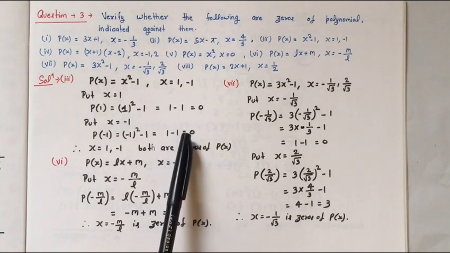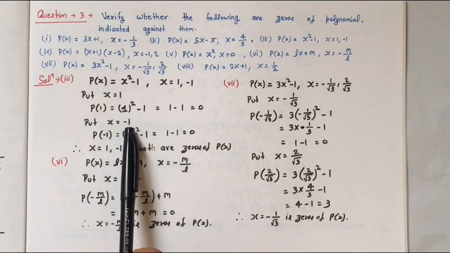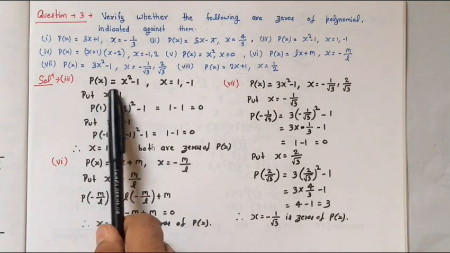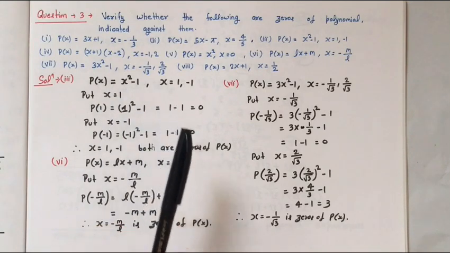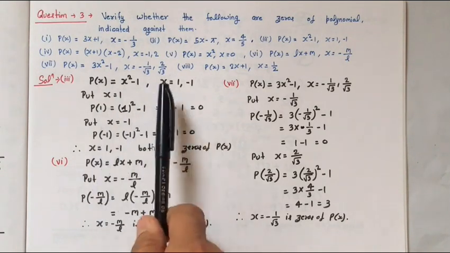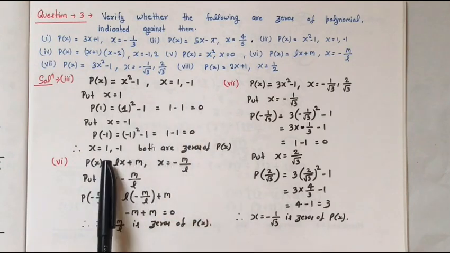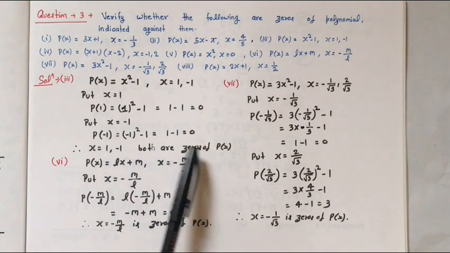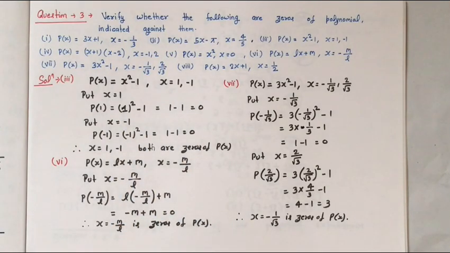It means that x is equal to minus 1 is also a zero of this polynomial. So we can say that x is equal to minus 1 and 1 both are zeros of the given polynomial.